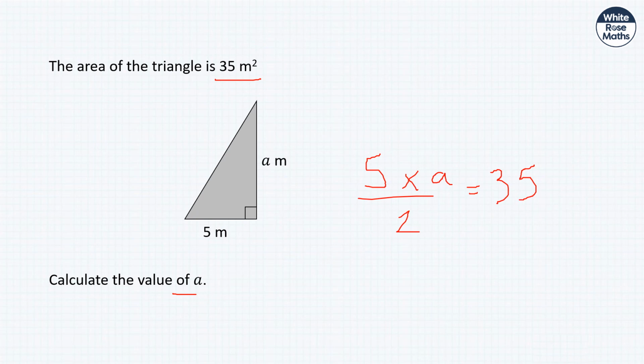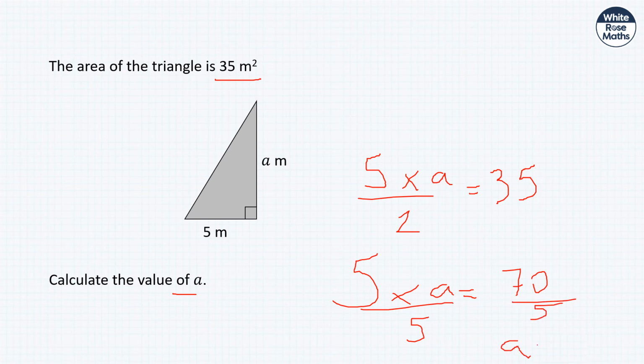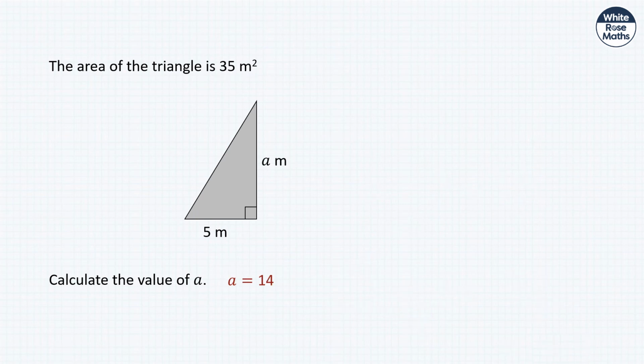I'm going to multiply both sides by 2, so I get 5 times A is equal to 70. Divide both sides by 5, and we get that A is equal to 14, guys. So that's my answer for that question. Hopefully that makes sense.